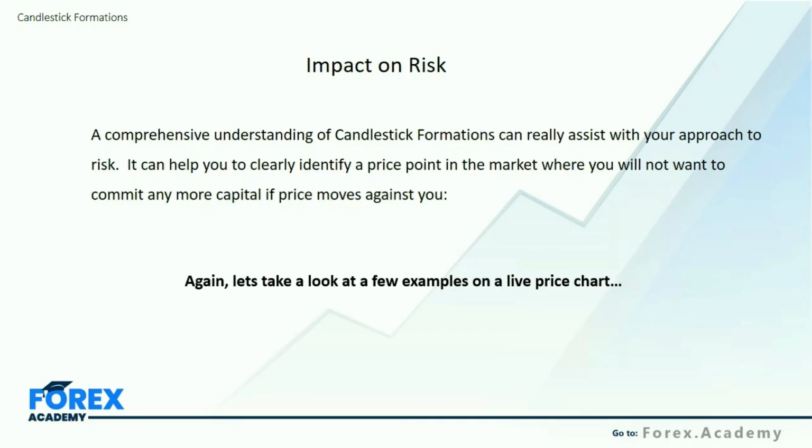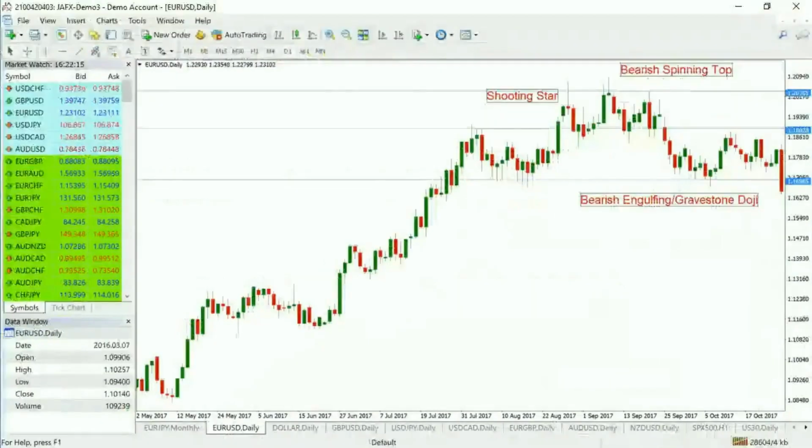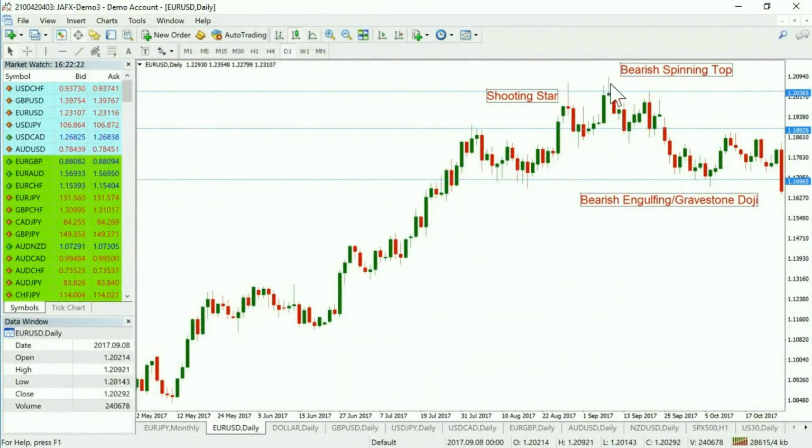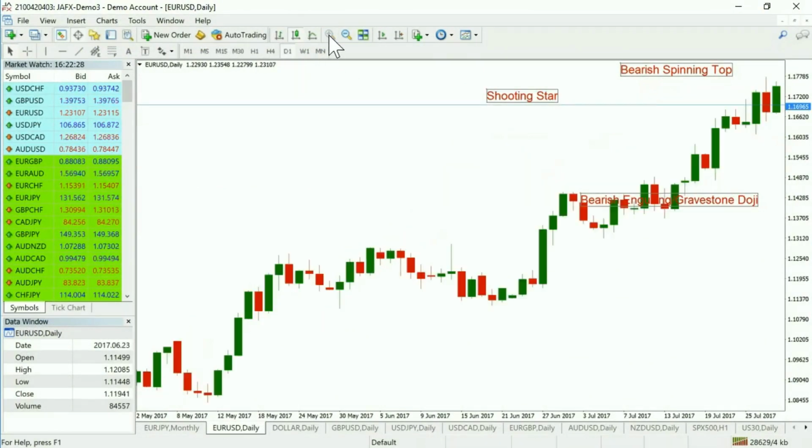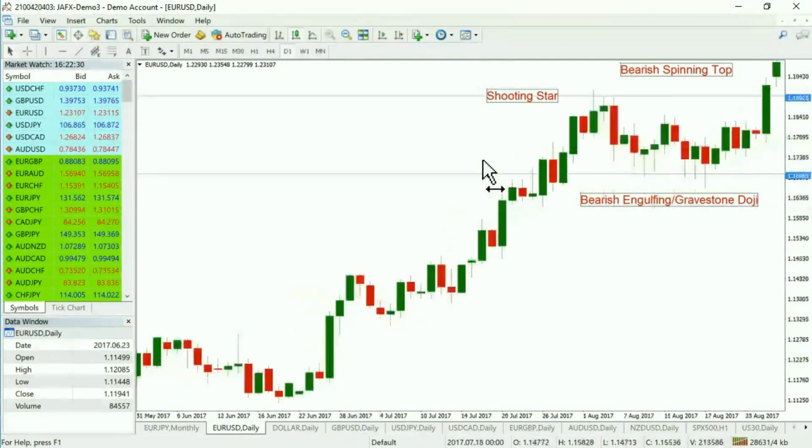So again, let's take a look at an example on a live trading platform. I'll bring this back up on screen, and I just want to draw your attention to this bearish spinning top up here. I'll zoom in a little bit more for you.